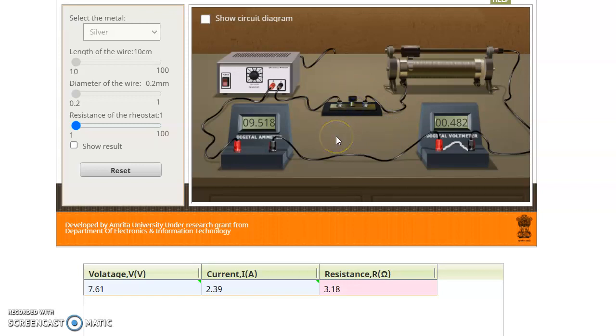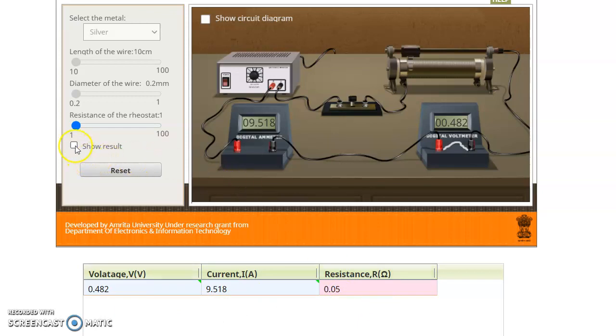And now what do you see over here? The current in the ammeter comes out to be, let me write it down, 9.518, and the potential difference, as you can see in the voltmeter, is 0.482 volt. Now if we find it out, the resistance is so low right now, it is 0.05.